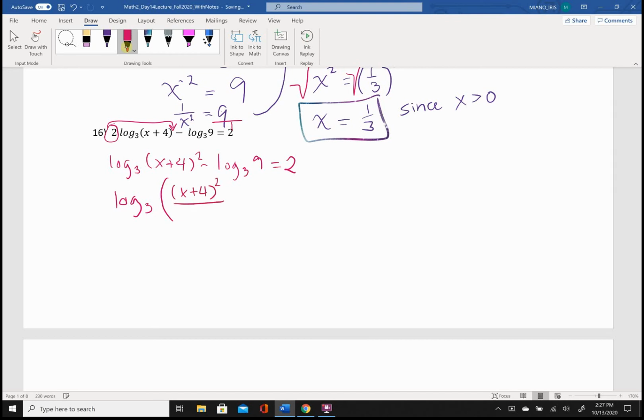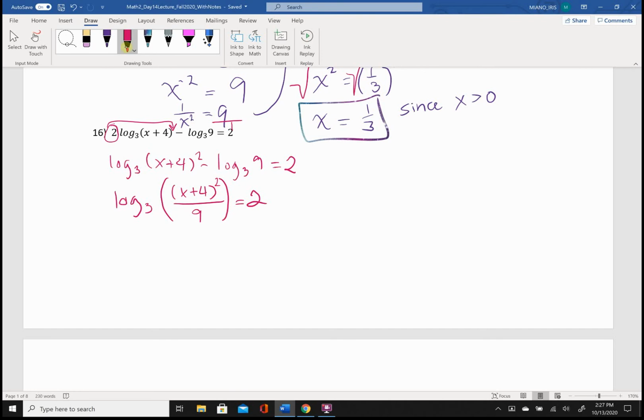So at this point, we can convert this equation into its exponential version, which I think would be good to do.